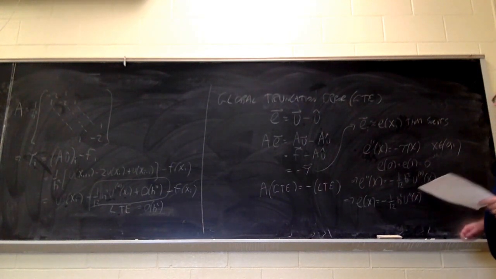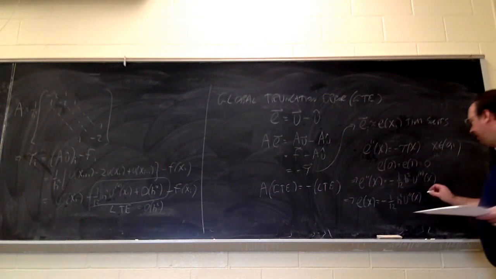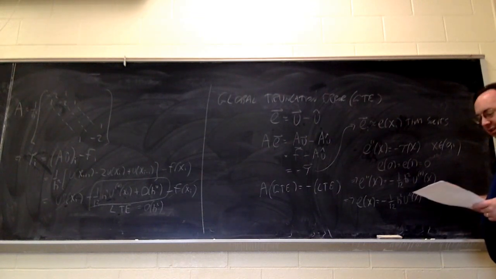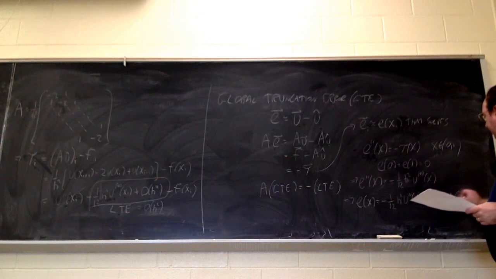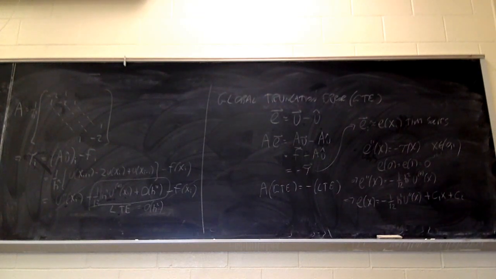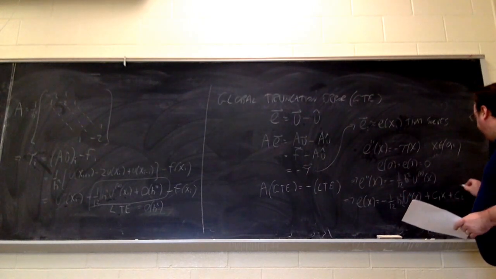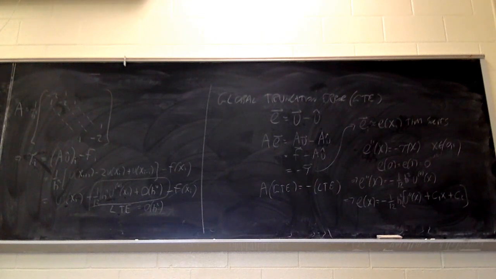But then I have to add on constants of integration. So plus c1x plus c2, and these constants have to be chosen in such a way that the boundary conditions are satisfied.